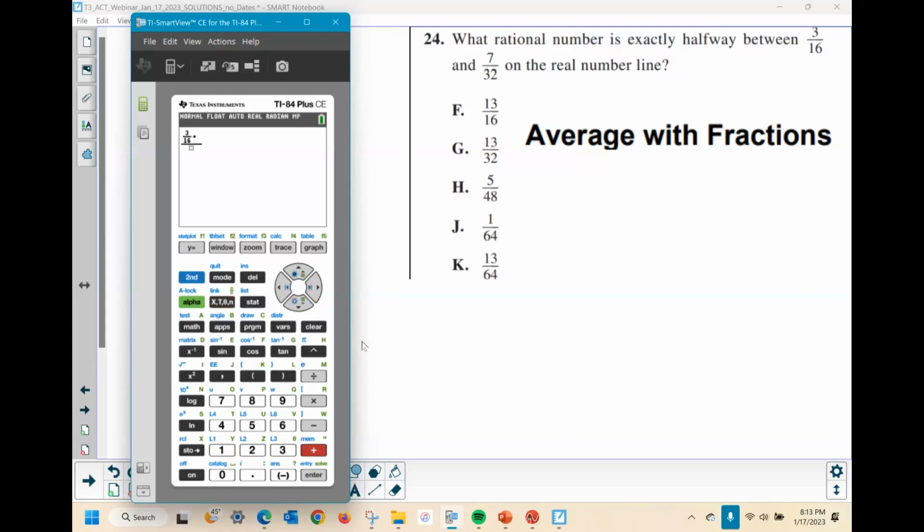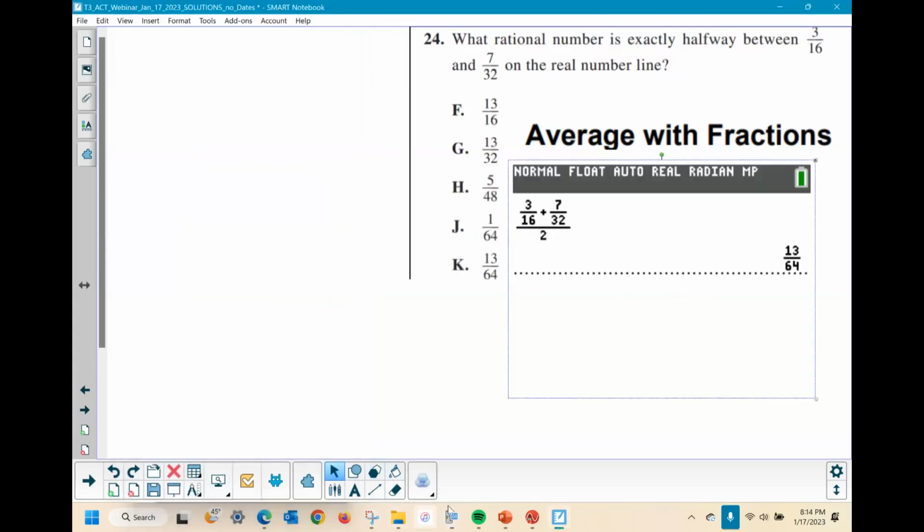Plus, again, the fraction template is alpha followed by x t theta n. 7 in the numerator and 32 in the denominator. Right arrow gets me out, right arrow again gets me down to the denominator, and I want to divide that by 2. So I'm finding the average or halfway between those 2 fractions. Press enter, and there's the answer, 13/64.